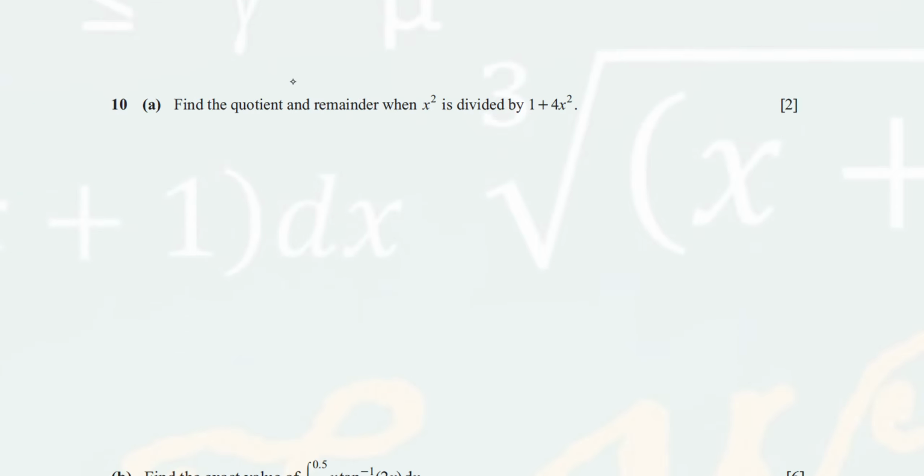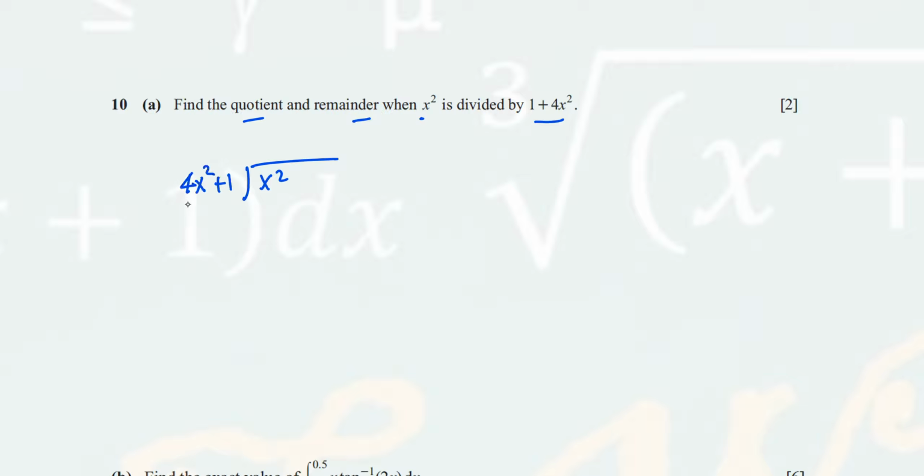Okay, question 10. Find the quotient and remainder when x squared is divided by 1 plus 4x squared. Okay, so this can be found using polynomial division, or what we call long division. So x squared divided by 1 plus 4x squared, or I will write 4x squared plus 1.